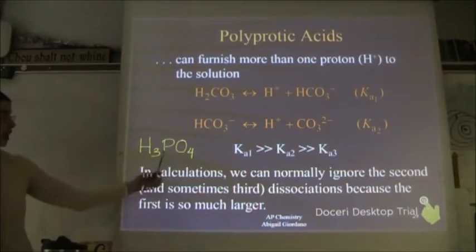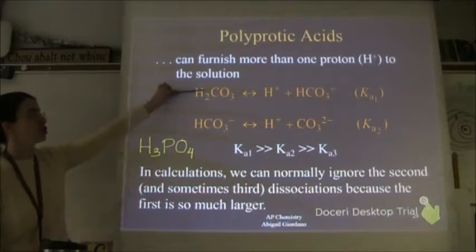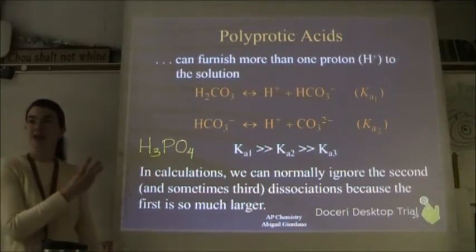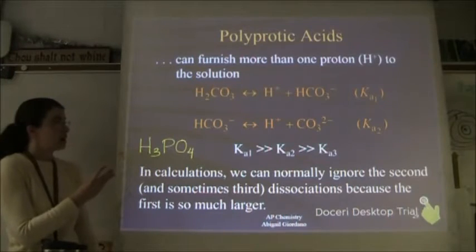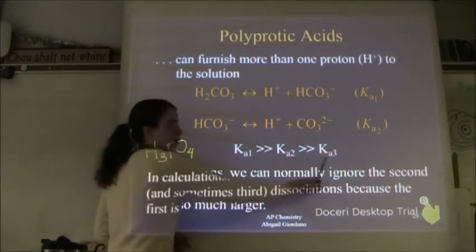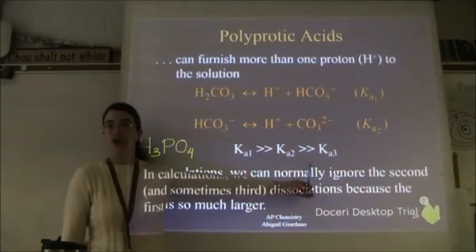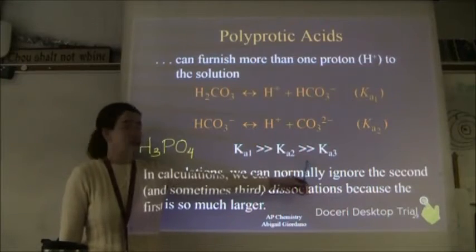Okay, phosphoric acid. Wouldn't this acid have not just 2 reactions, but 3? Yeah? Okay. Here's the thing. This relationship is true all the time, no matter what, no exceptions. I don't get to say that very often.